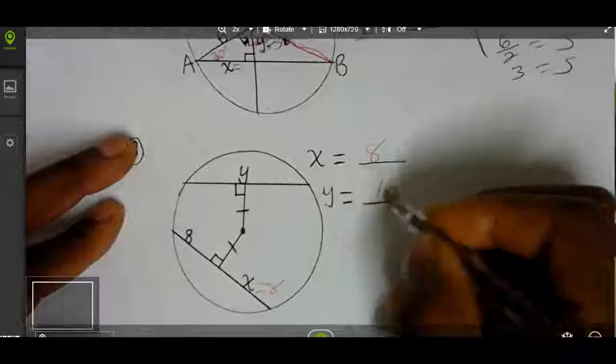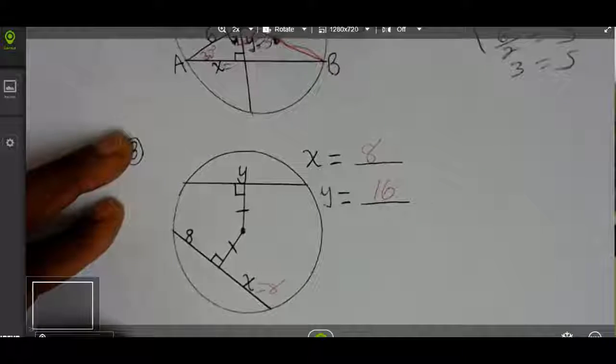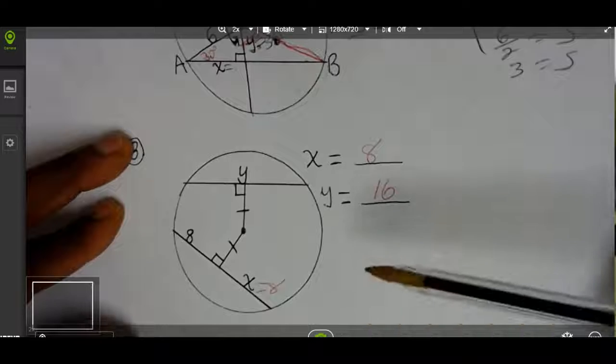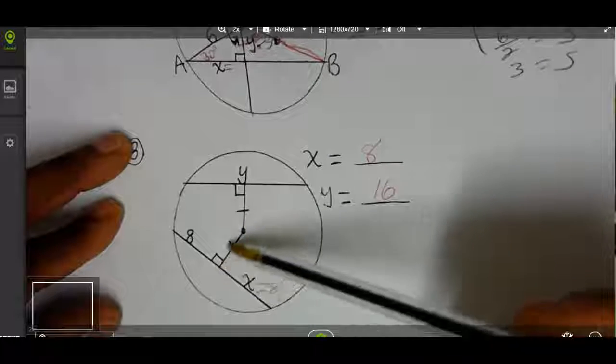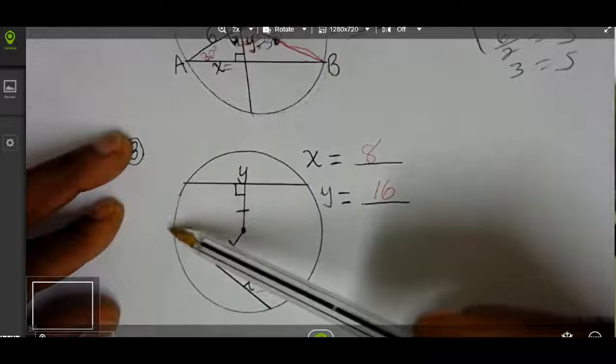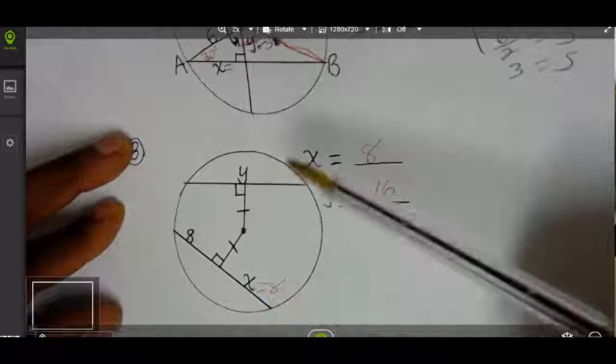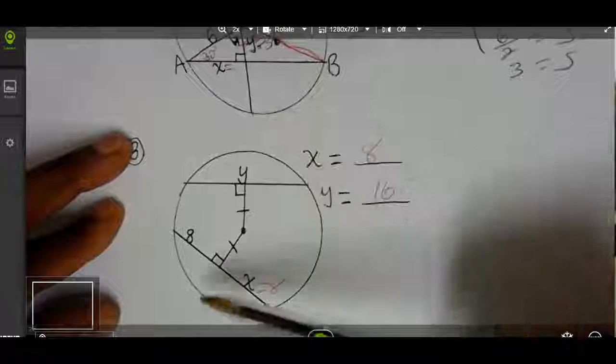Okay, that is how these three theorems we just looked at work. If the diameter is perpendicular to the chord, then it bisects both the angle and the chord and the arc.